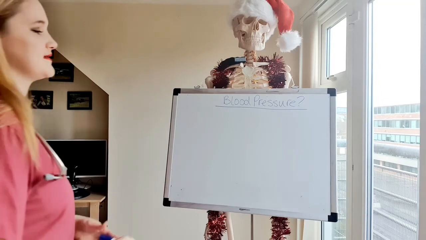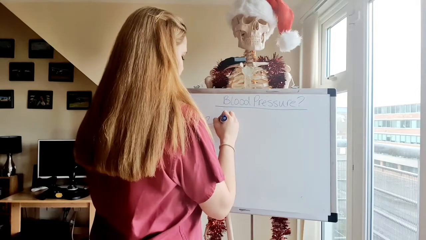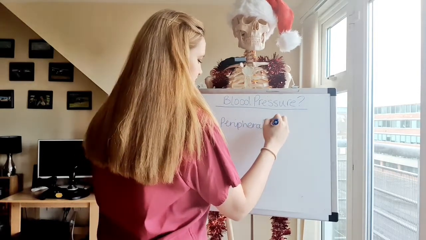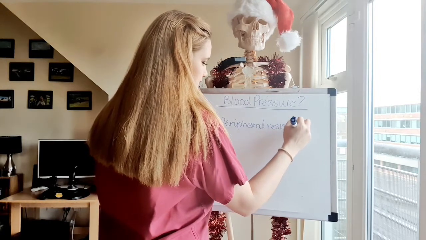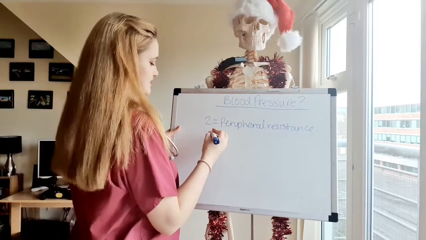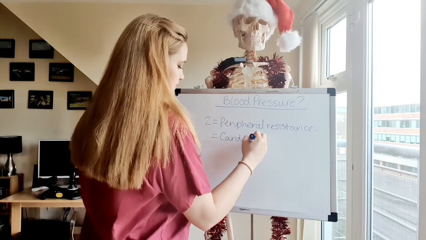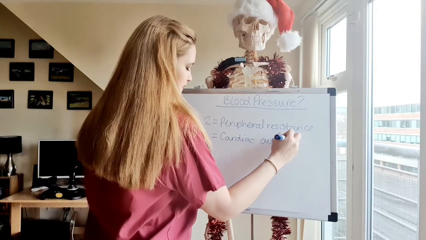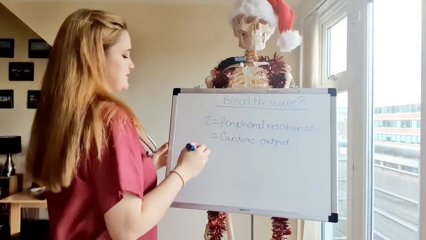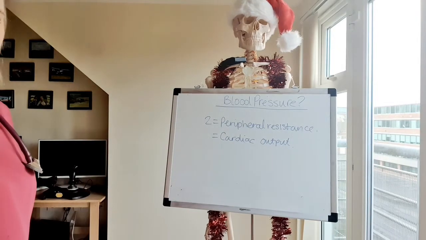Now there are two factors that determine blood pressure, and that is peripheral resistance, which we will look at, don't panic too much at the words. That can also be known as peripheral vascular resistance, and then you've got cardiac output, and all of these things link really nicely together. So they're the two determining factors of blood pressure. And we're going to have a look at peripheral resistance properly.